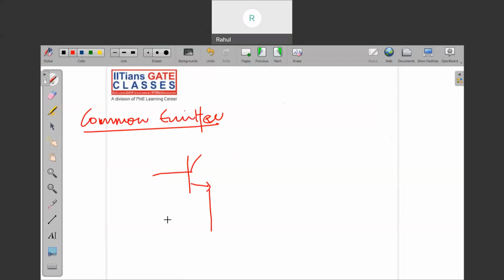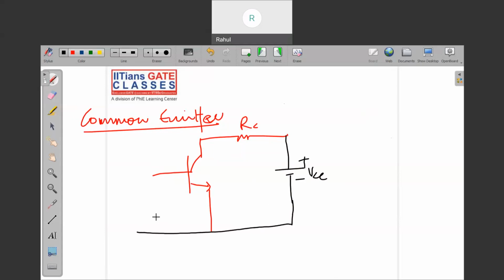And you can see here there will be collector current, collector resistor RC, and there is a VCC. You can connect VCC here, plus to minus, okay. And here the input is connected.